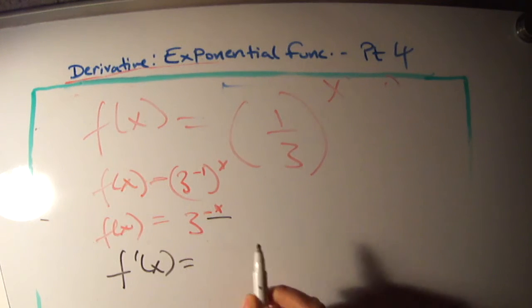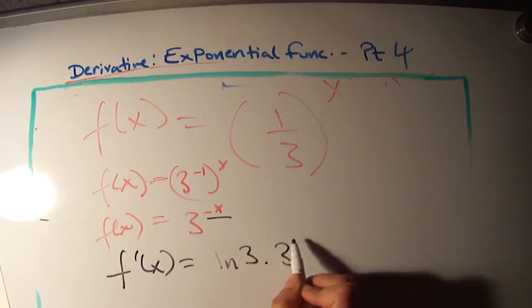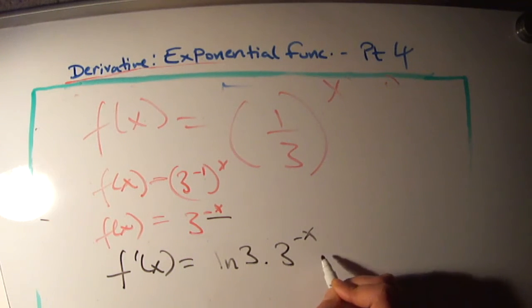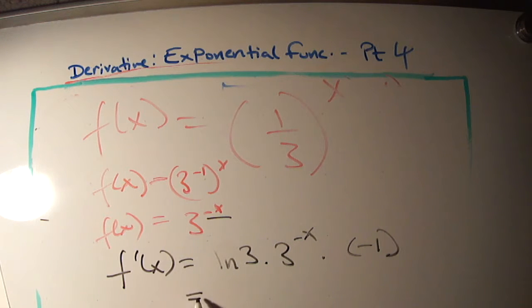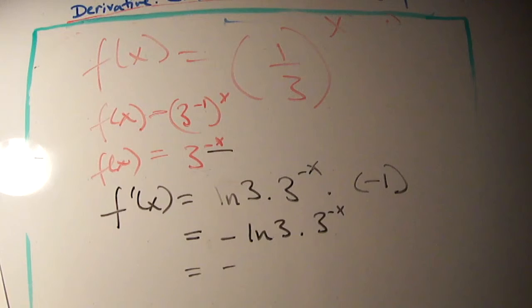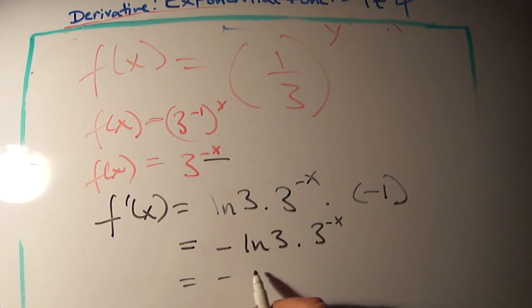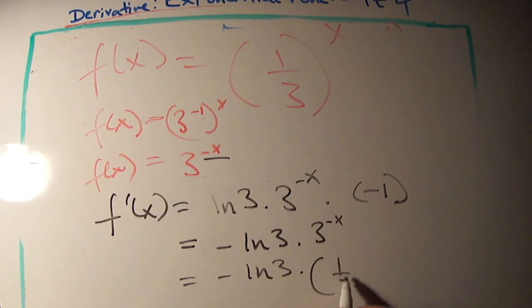So now what you're going to do is, again, just take the ln of the base, so ln of 3 into the function as it is, into the derivative of this function, which is negative 1. So this just equates to negative ln 3 into 3 to the negative x, which you can again just write as negative ln 3 into 1 over 3 to the x.